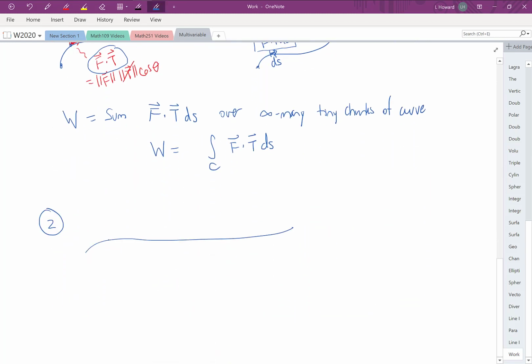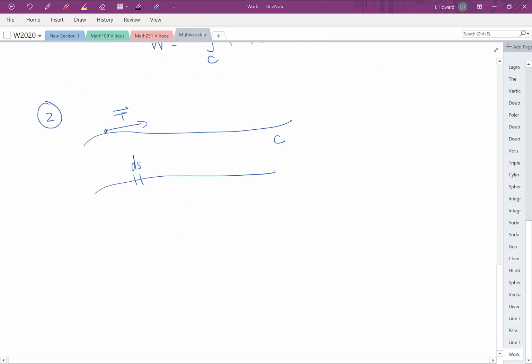We'll refresh our memories on t and ds here. t is a unit tangent vector to our curve, so roughly it's giving us the direction in which the curve C is curving, and it's 1 unit long. ds is a tiny chunk of arc length. If you multiply the two together, you're just getting a scaled version of your tangent vector.